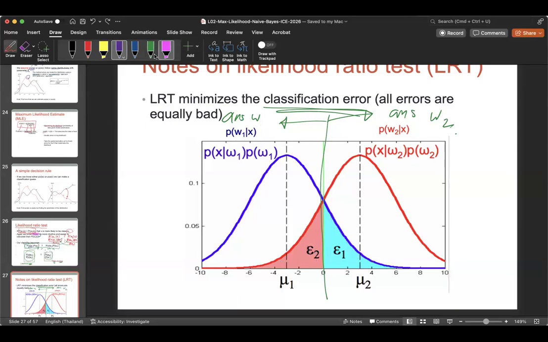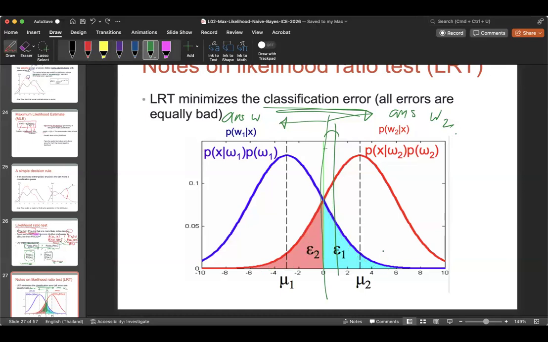If I move this line a little bit, my error will increase, because my error is this area added to this area.